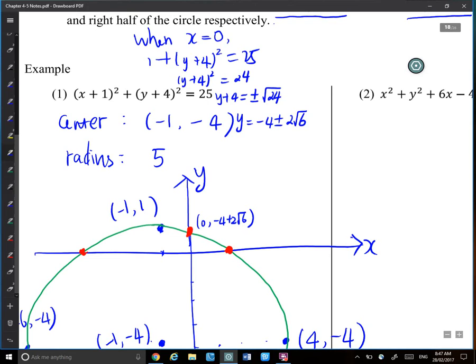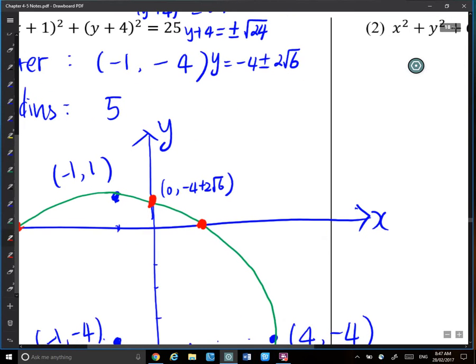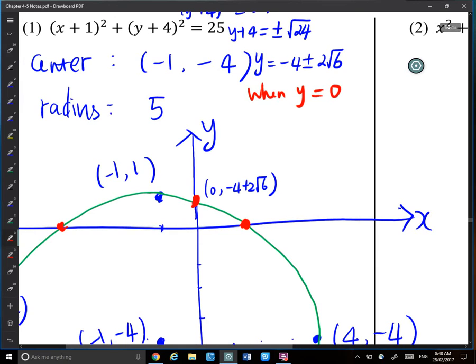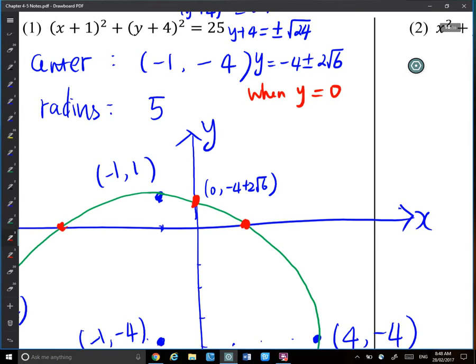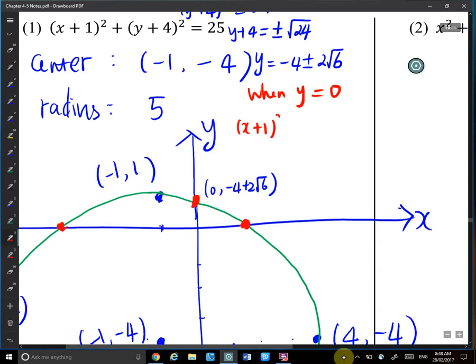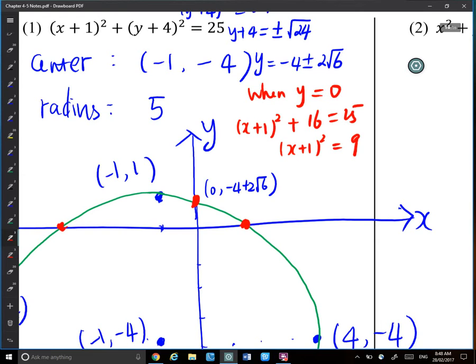So let's look at y equals 0. When y equals 0, x plus 1 squared plus 4 squared is 16, that equals 25. And x plus 1 squared equals 9.